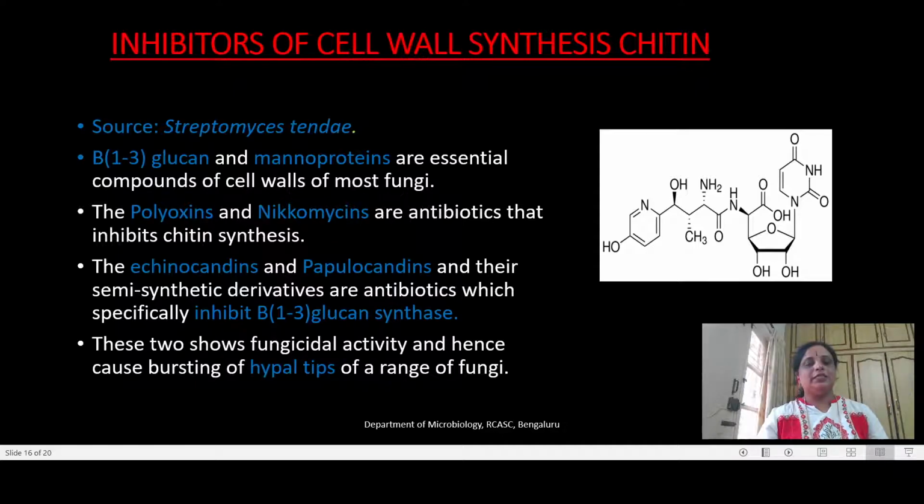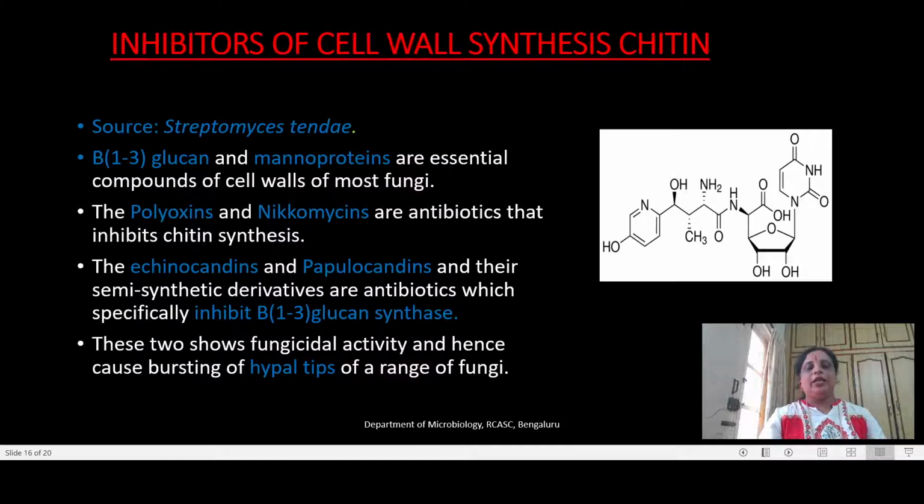If the chitin synthesis is not happening, what happens to the fungal cell? It results in the bursting of the fungal hyphal tip. As we all know, the growth of the fungi happens at the tip of the hyphae, where the deposition of the cell wall content happens.